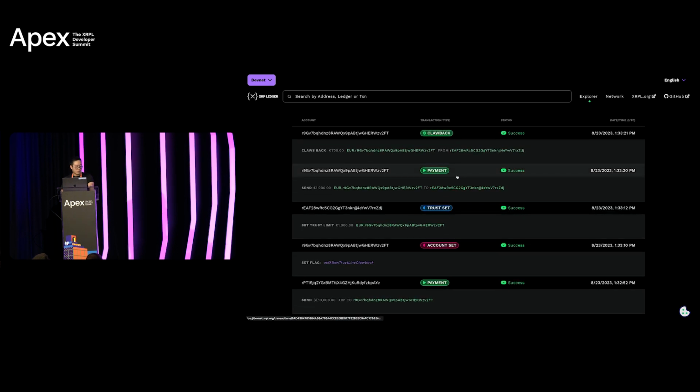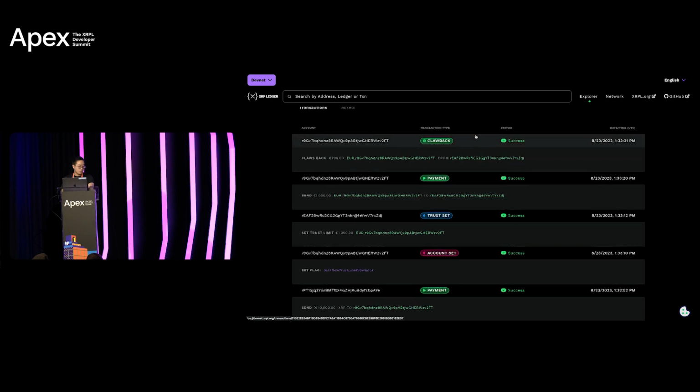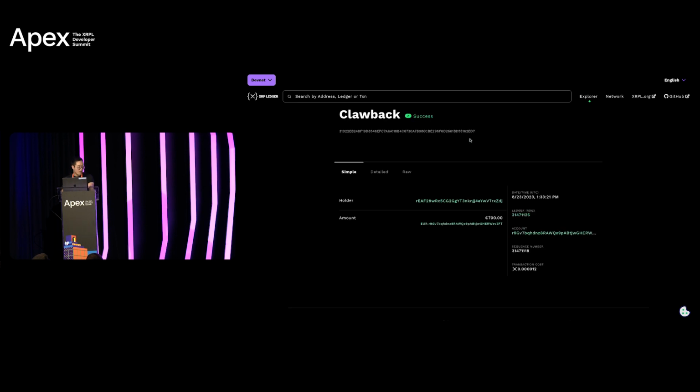And the fourth transaction is the payment which sent 1,000 euro to the holder. And at last, we come to the clawback transaction, which clawed back 700 euro from the holder. If we're really curious, we can check how much money the holder owns after all of these transactions.